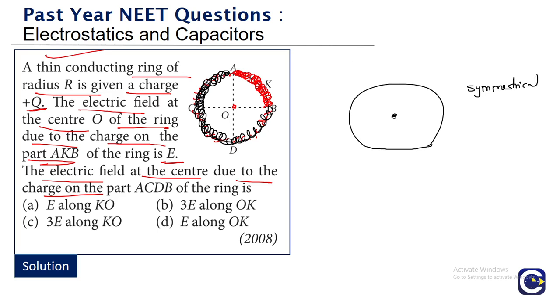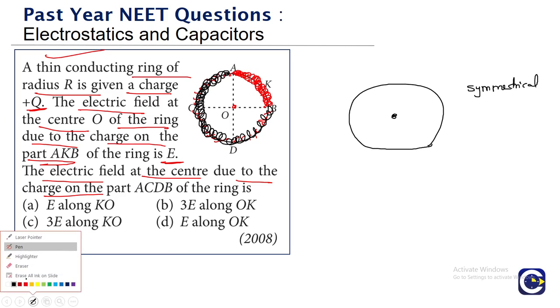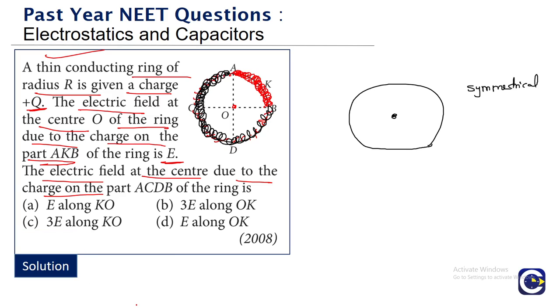What happens because of this symmetry is, if we consider a small charge portion over here, since it is a positive charge ring, it will develop an electric field away. Consider a symmetrically opposite charge. This will develop an electric field exactly in the opposite direction.